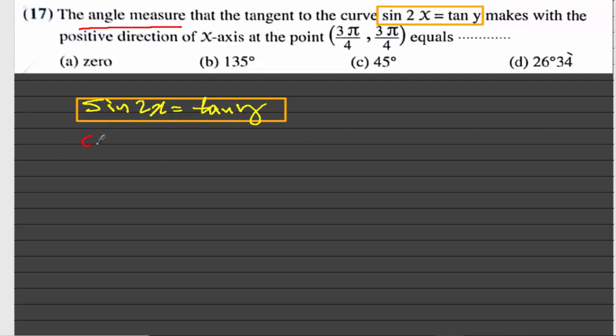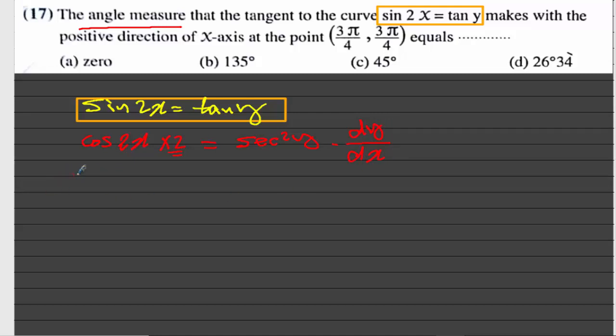It is cosine 2x multiply 2, multiply the derivative of the angle, equals the derivative of tan y, which is sec square y, times the derivative of y, which is dy/dx.